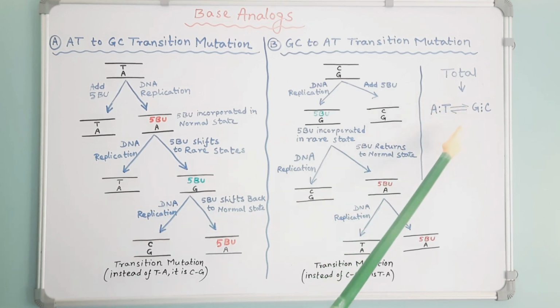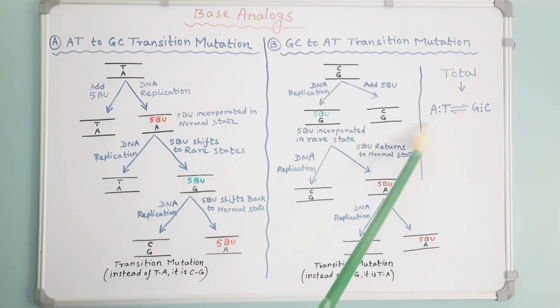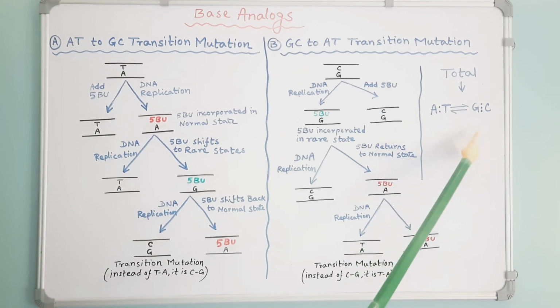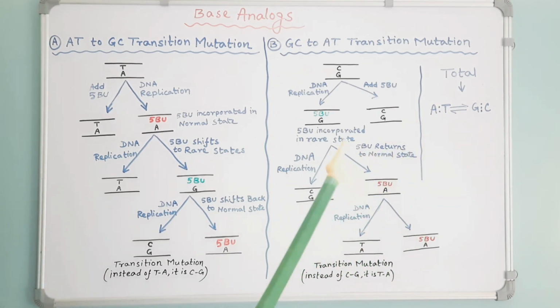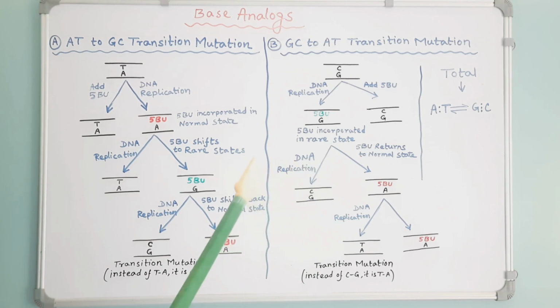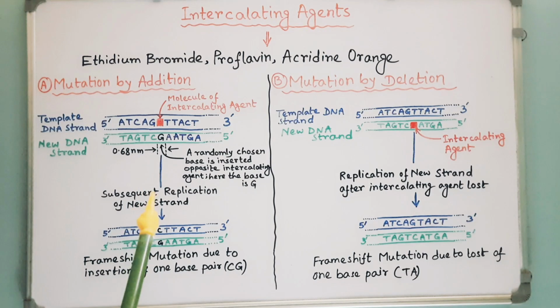Thus, 5-bromouracil induces transitions in both directions. 2-aminopurine acts in a similar manner but is incorporated in place of adenine or guanine.